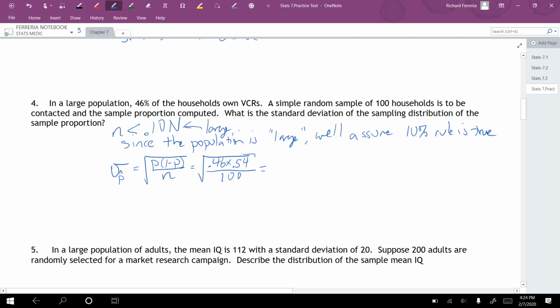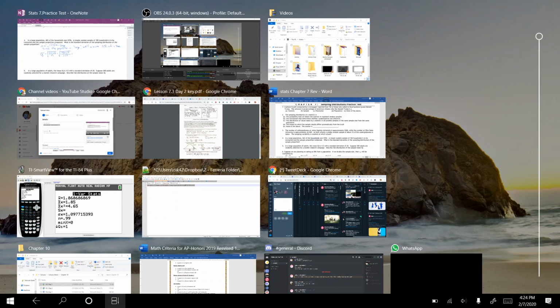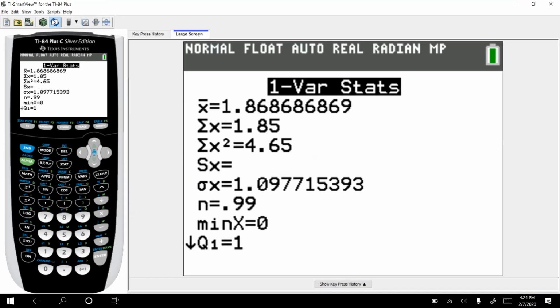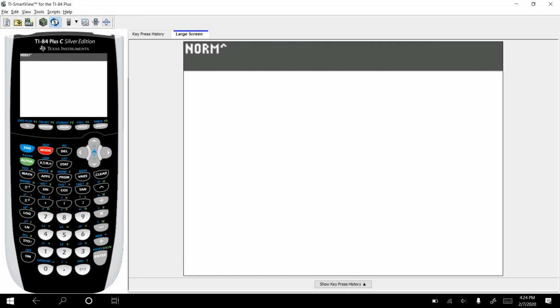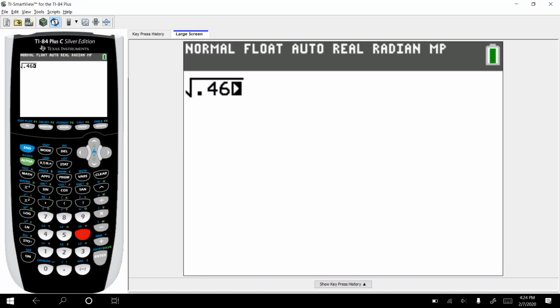So let me grab a calculator, and then we'll compute this. Sorry, 0.46. The square root of 0.46 times 0.54 divided by 100.